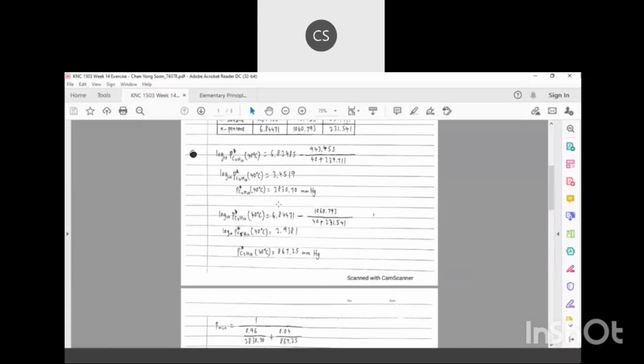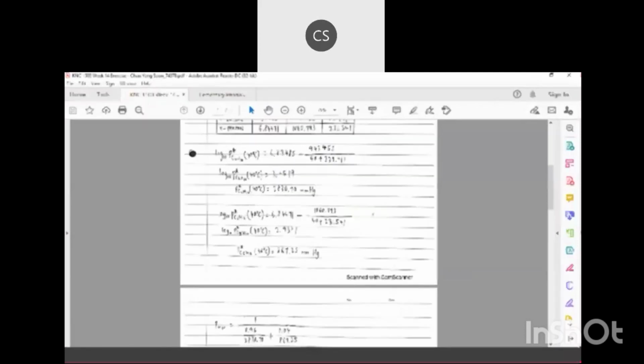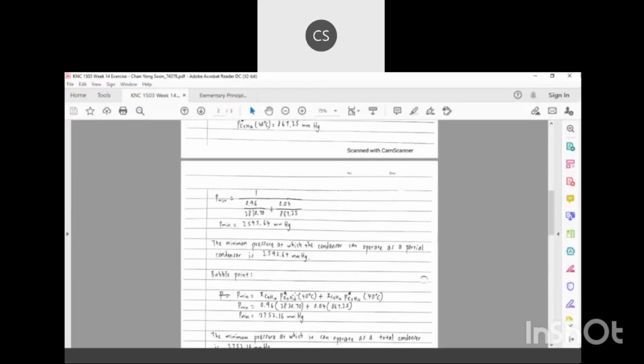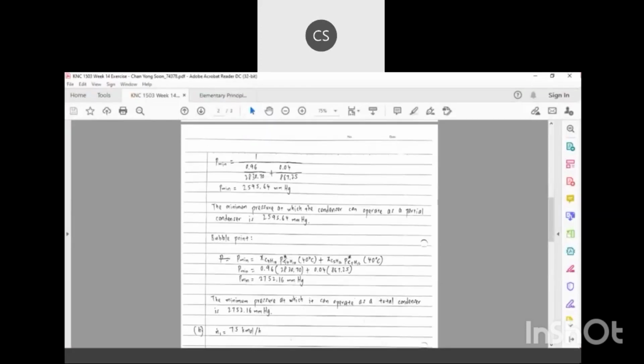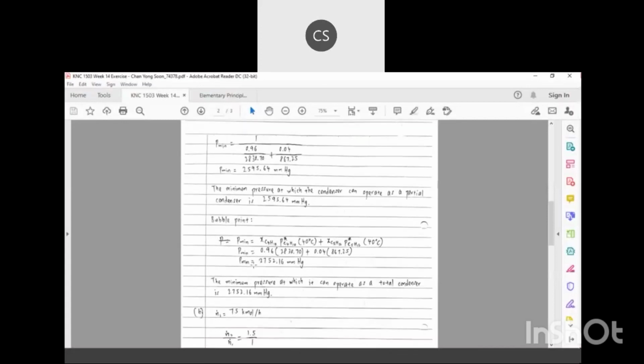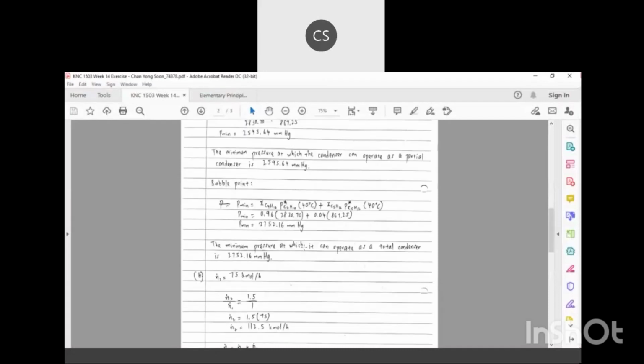You already have the vapor pressure of the pure species at that temperature, so you substitute it into the formula and calculate it. The minimum pressure at which it can operate as a total condenser is 2752.16 millimeters of mercury. Do you guys understand?